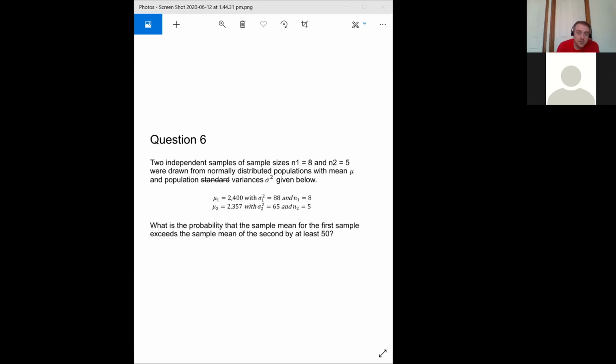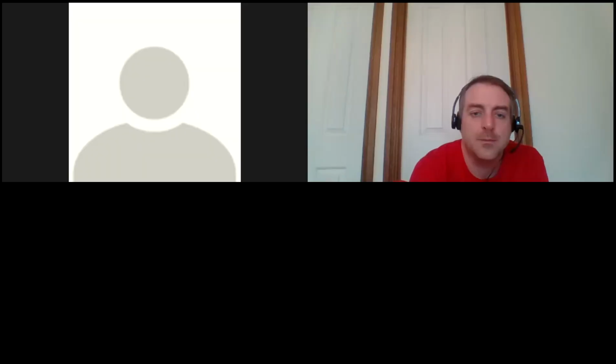The mean of the first sample exceeds the sample mean of the second by at least 50. First sample mean exceeds second sample mean by at least 50. Okay. Cool. I've written it all down and now I'll try and figure it out.